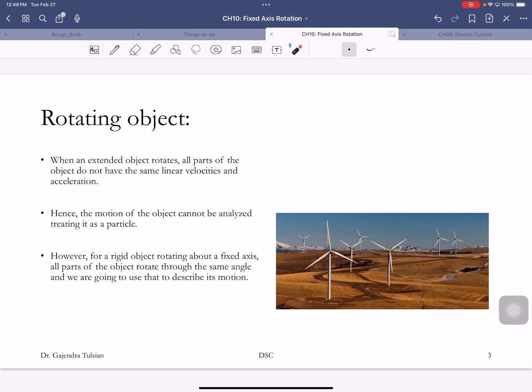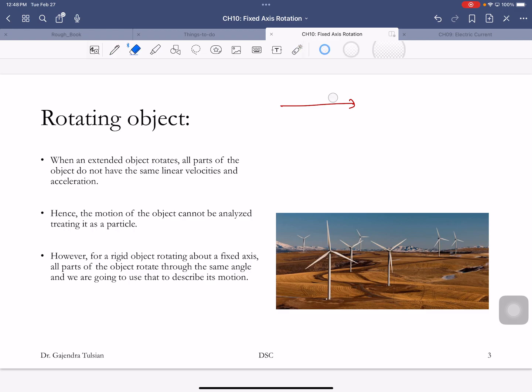Rotating objects: when an extended object rotates, all parts of the object do not have the same linear velocity. When this is rotating, this guy is moving faster because he's got to cover a bigger circle than this guy. Unlike when you're driving a car, where every point in the car has the same velocity and you can treat it as a single point object.